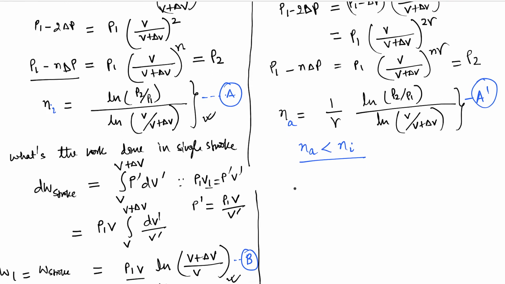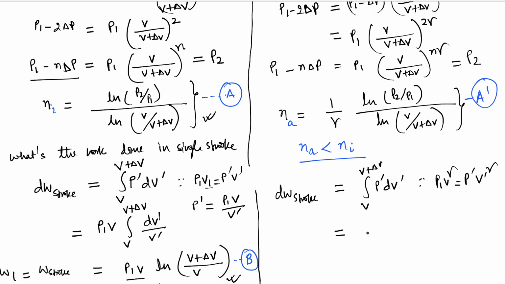Now let's compute the work done. Again, we'll compute the work done for a single stroke, and that is again given by the same expression, integral of P dV from V to V + delta V, except that here P1 V^gamma is P' V'^gamma.